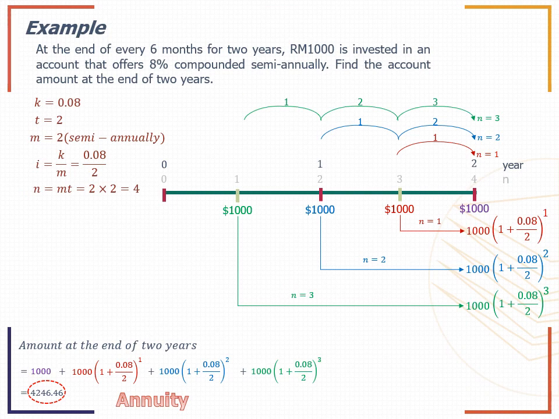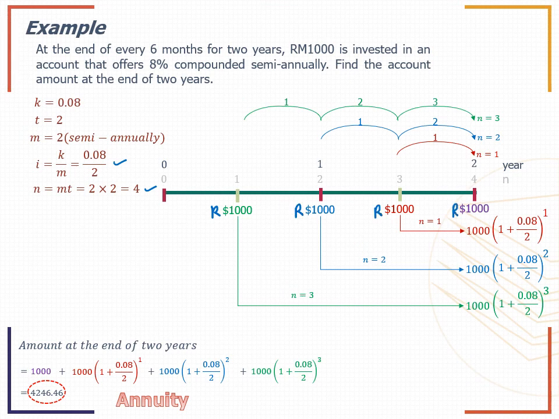As we all know, interest here is equal to 0.08 over 2, N is equal to 4, and R here is equal to 1000 ringgit.